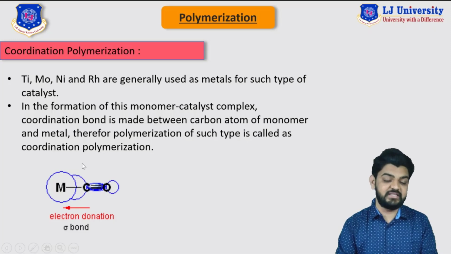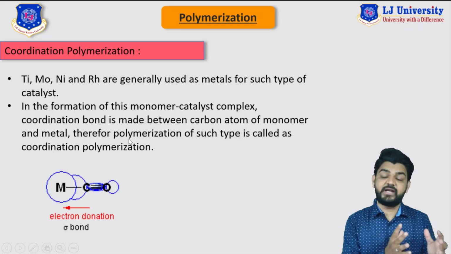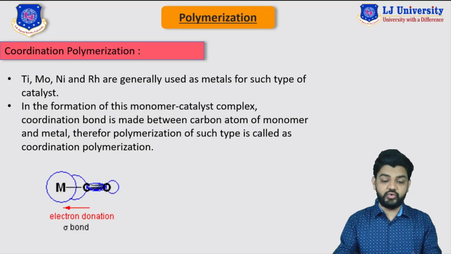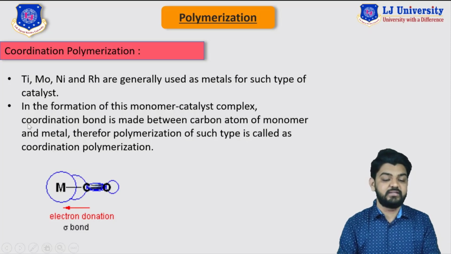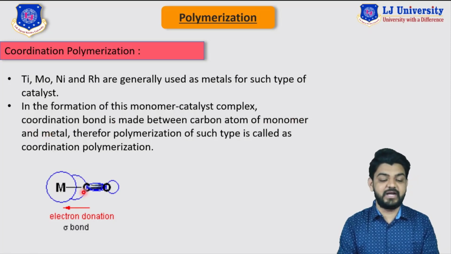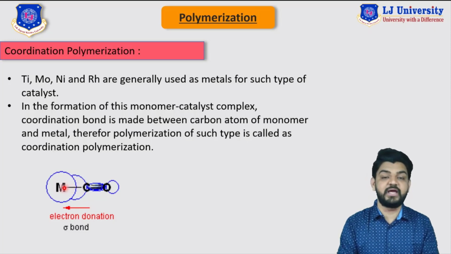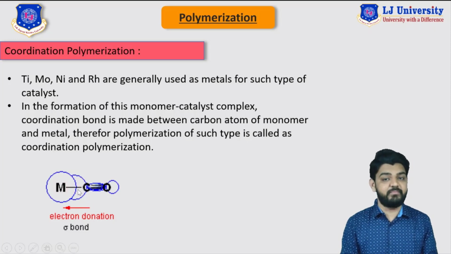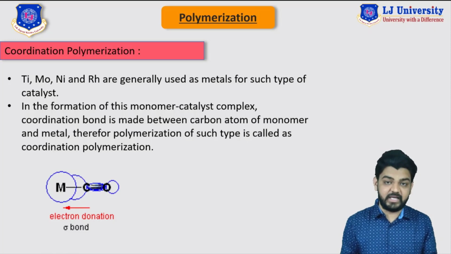You can see in this image that the carbon atom and the metal are joined together. This coordination bond is made between the carbon atom of the monomer and the metal. So the carbon atom inside the monomer is now attached to the metal M. This particular bond is referred to as the coordination bond, and it is generally a sigma type of bond which is not easily breakable.